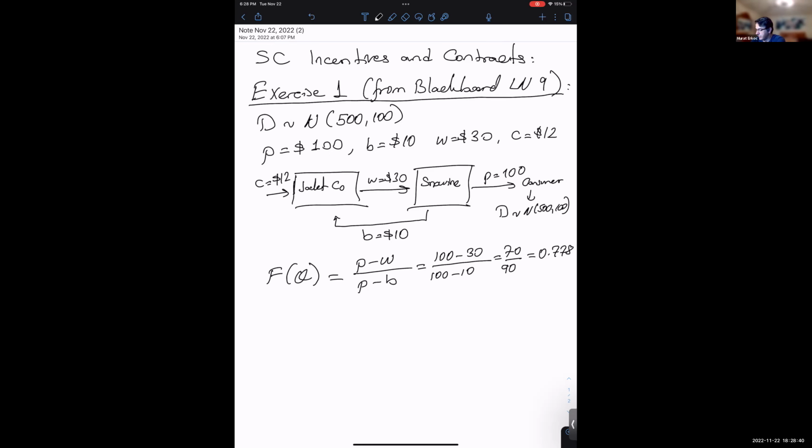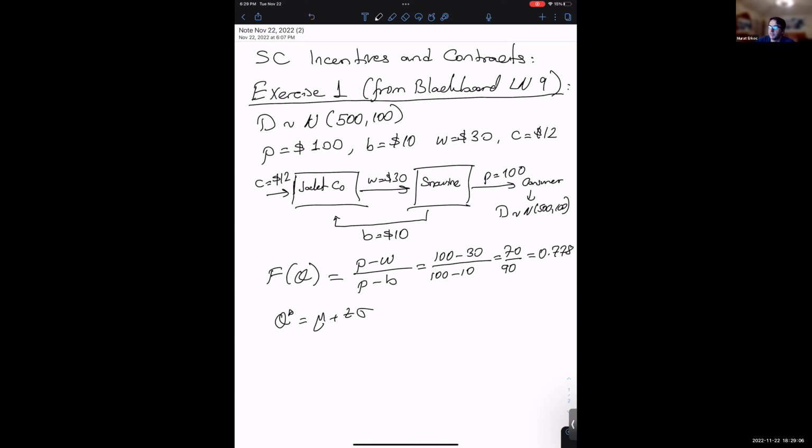Now, of course, to calculate Q, we will need Z, right? Because the optimal Q now is mu plus Z sigma. We have the mu, which is 500, sigma is 100, but what is Z? Z is the value that corresponds to 0.778. For this, I need to use my Z table or Excel or some other calculator.